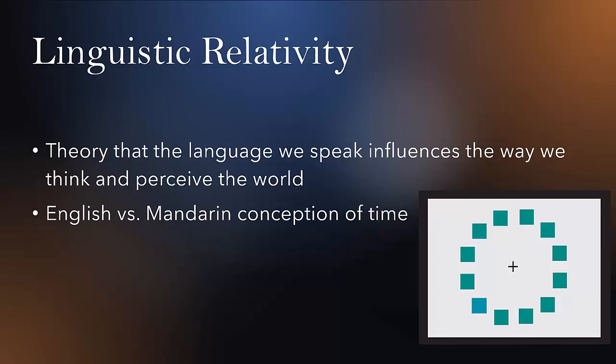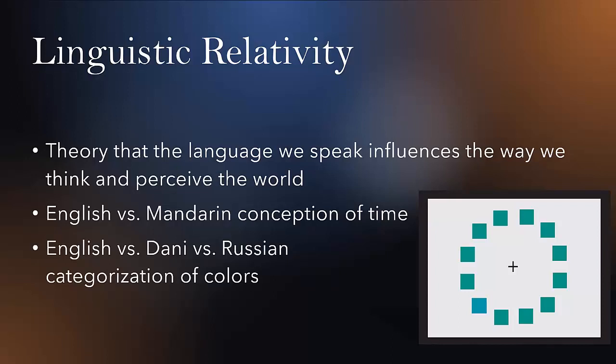For example, they would ask which month comes first, June or September, right? And then they would see how quickly they can answer that question. What they found is that the Mandarin speakers were actually better at a lot of those tasks, that they could answer them more quickly, and they guessed that it's because they have this more complex way of conceptualizing time that gives them kind of an advantage, basically.